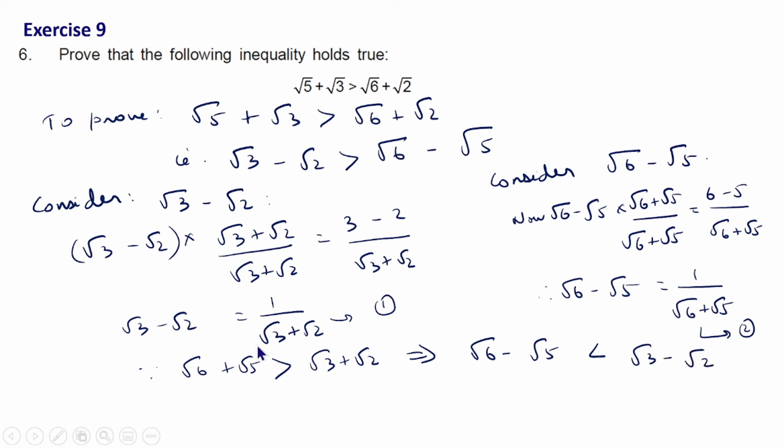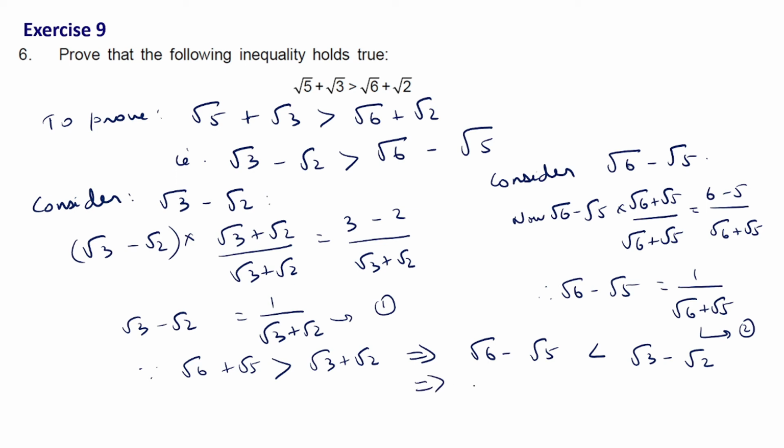So here we can see that root 6 plus root 5 is greater than root 3 plus root 2. So 1 by root 6 plus root 5 will be less than 1 by root 3 plus root 2, or root 6 minus root 5 is less than root 3 minus root 2.